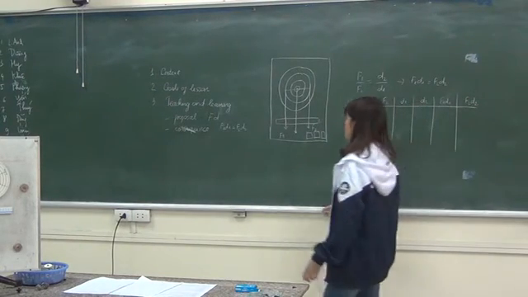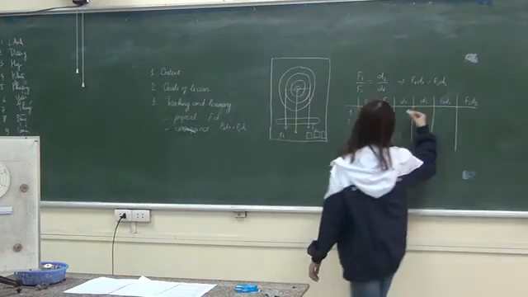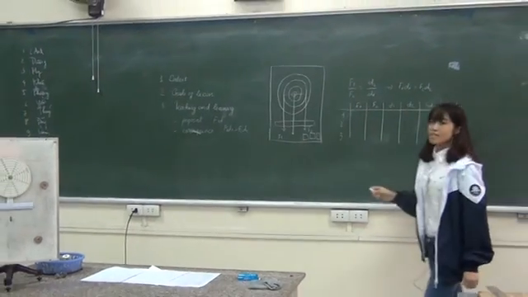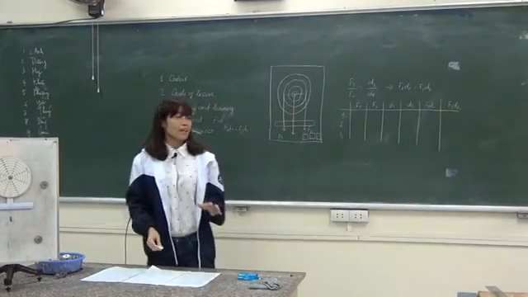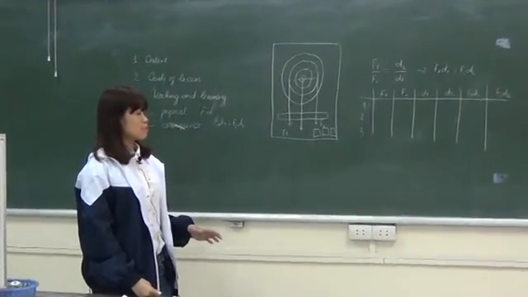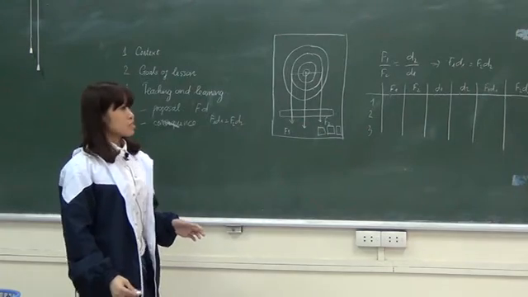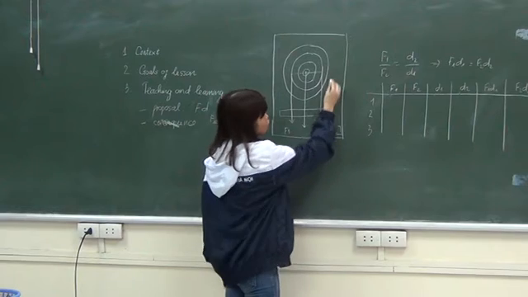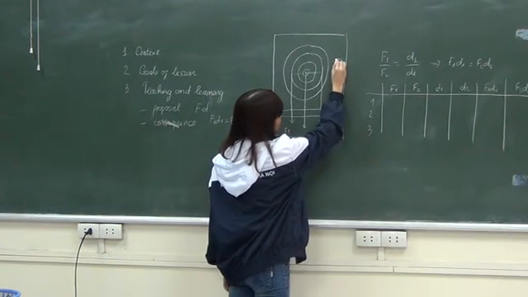Over the process of the experiment, students see that F1 D1 equals F2 D2. But this is in the case of two parallel forces. In the case of two concurrent forces, what do we do? Students can change the direction of F2 by a pulley, like this.